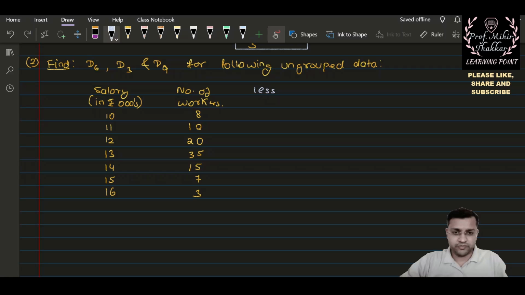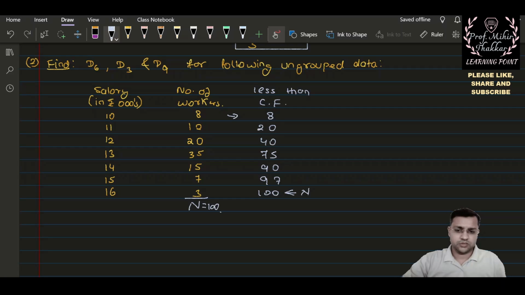So I will make a column for less than CF values: 8, 8 and 12 is 20, 20 and 20 is 40, 40 and 35 is 75, 75 and 15 is 90, 90 and 7 is 97, 97 and 3 is 100. So that is your required value for capital N, which is equal to 100.